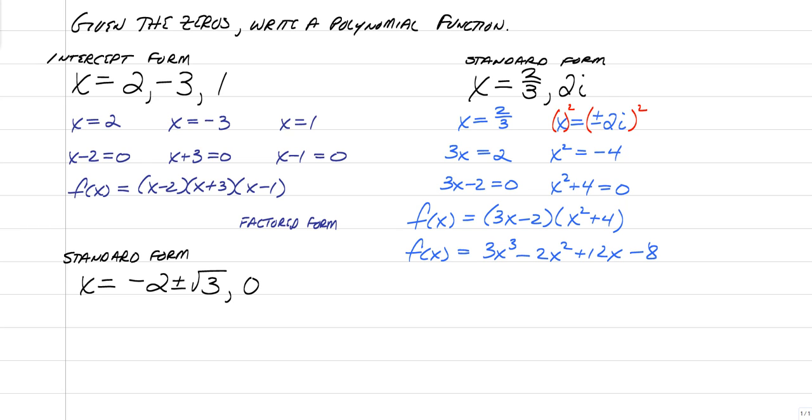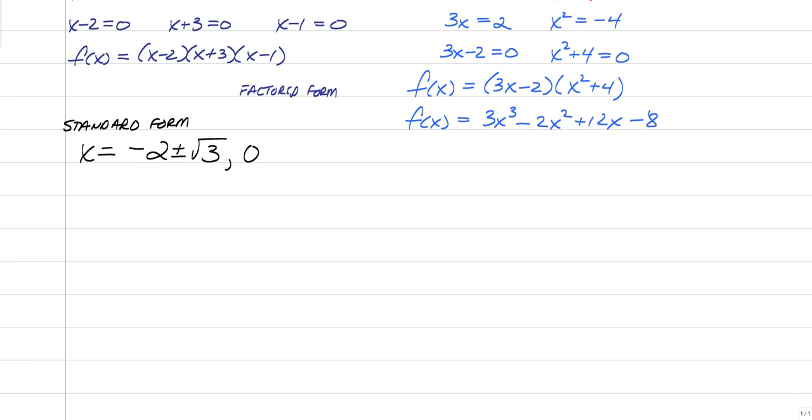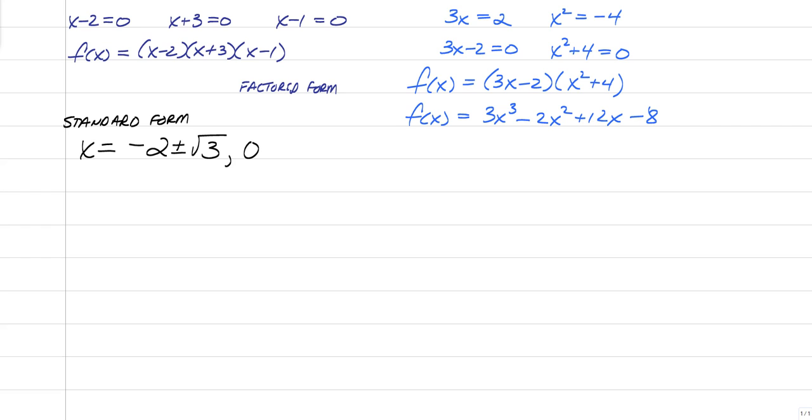This last one, again, it's a little bit tricky, but you have to think you're just working backwards. So think about where this would have come from if we were solving. We have x is equal to 0, which is already done, so one of our terms is going to be x. And then we also have x is equal to -2 plus or minus the square root of 3.